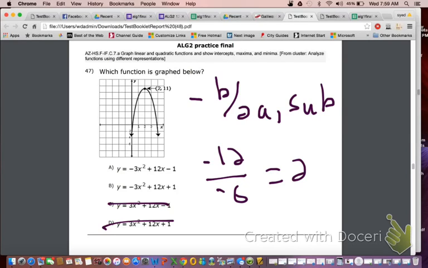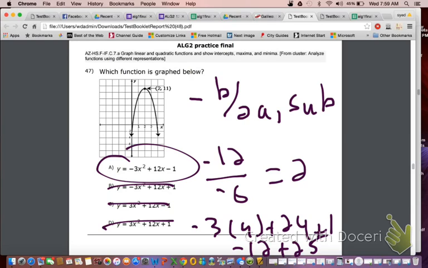Now let's substitute 2 in here. -3 times 2 squared is -12, plus 12 times 2 is 24, plus 1. -12 plus 25 is 13. No, so by process of elimination, it has to be A.